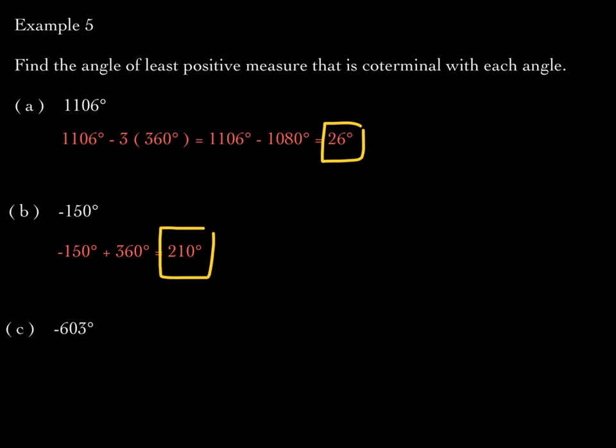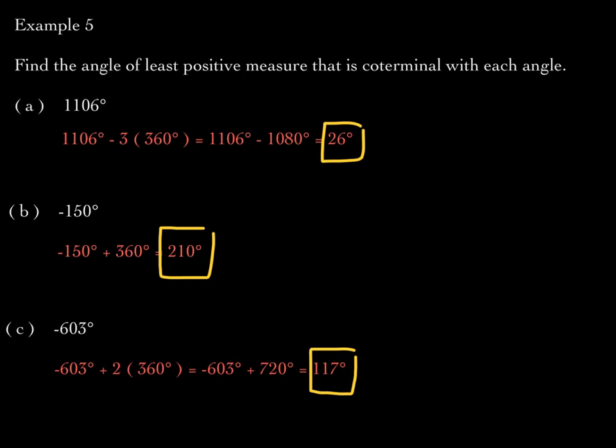All right, go ahead and do that now. All right, I hope that you found 117 degrees to be the angle of least positive measure that is coterminal with negative 603 degrees. This brings us to the end of this lesson.